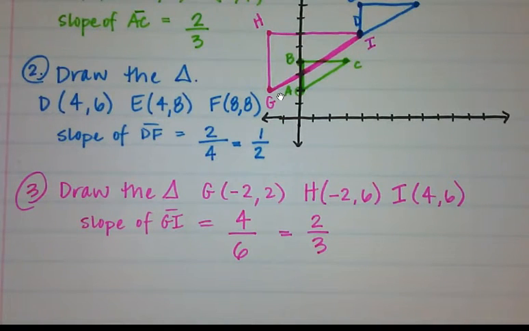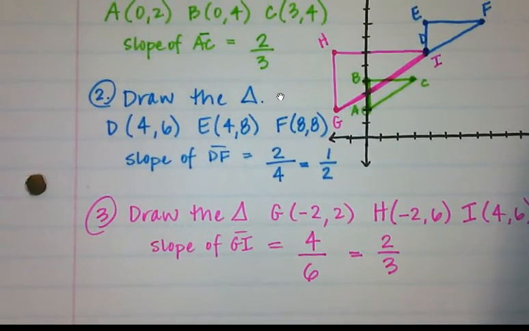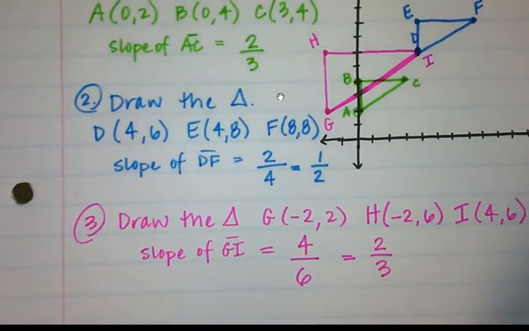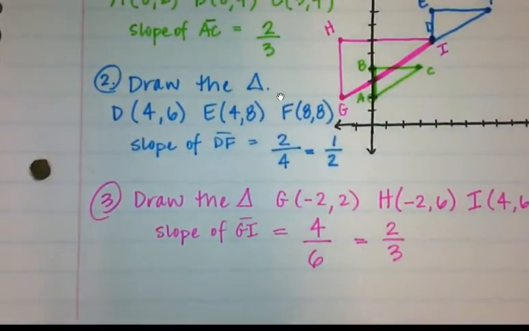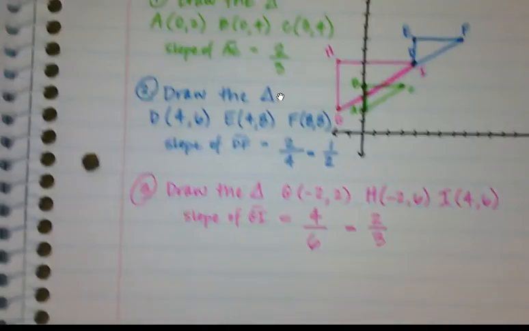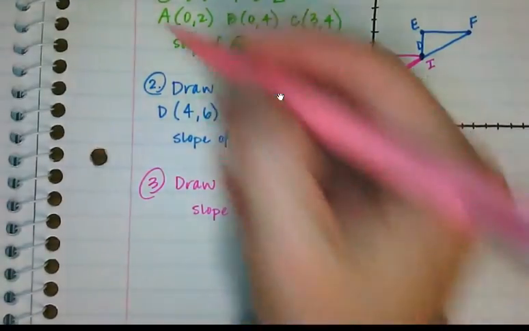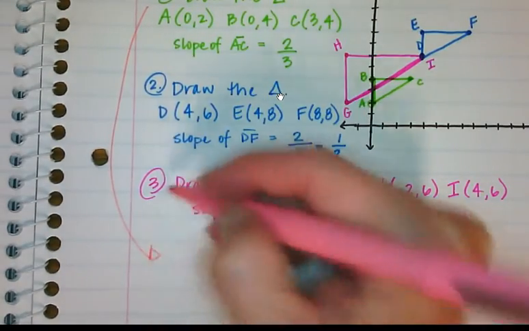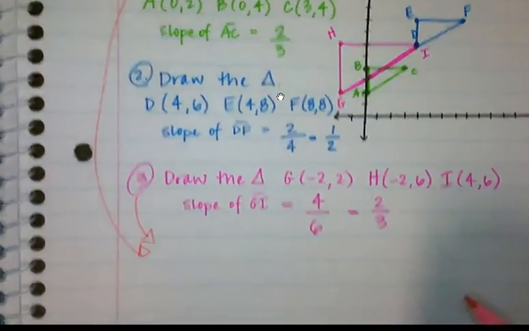So what that tells me now is that triangle 1 and triangle 2 are similar because the slope of side C is the same. So, let's see, how can we write that in here? Well, I guess I'll just go down here and here.